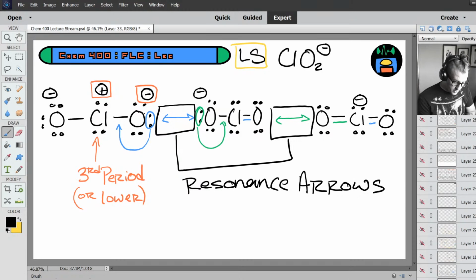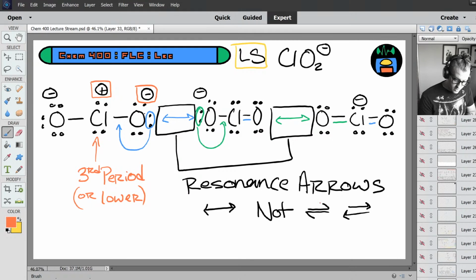A resonance arrow is one line with an arrowhead on either side. This is not to be confused with an equilibrium arrow, which is two arrows, one pointing forward and one pointing back. Sometimes equilibrium arrows are also written like this. These are not resonance arrows. These are called equilibrium arrows.